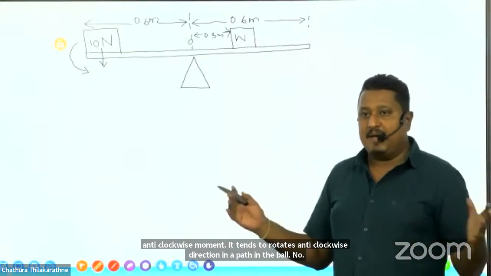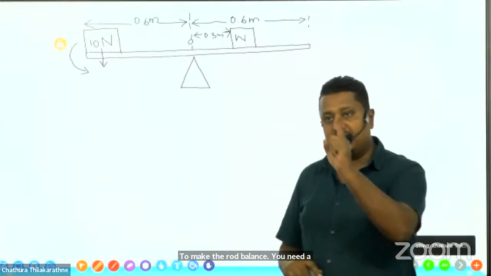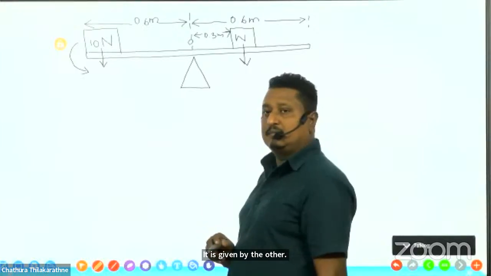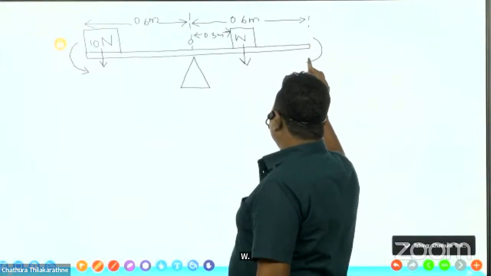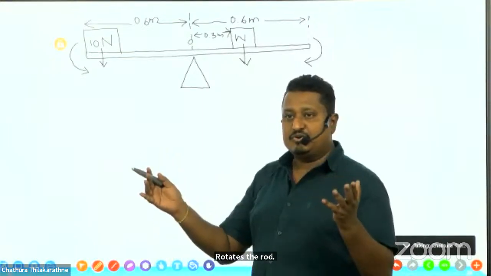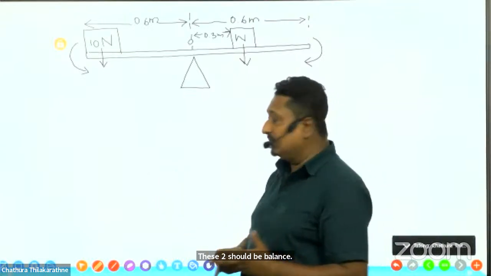To make the rod balance, you need a clockwise moment, the opposite moment. It is given by the other weight, W. It rotates the rod in the opposite direction, clockwise. These two should be balanced to bring it back into equilibrium.